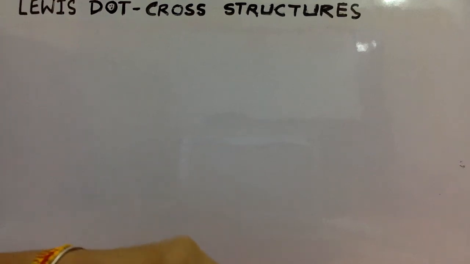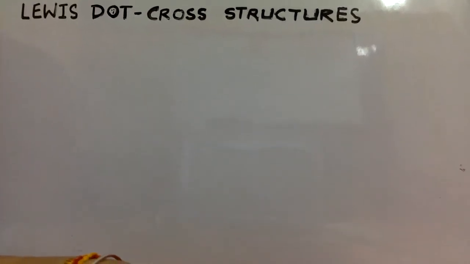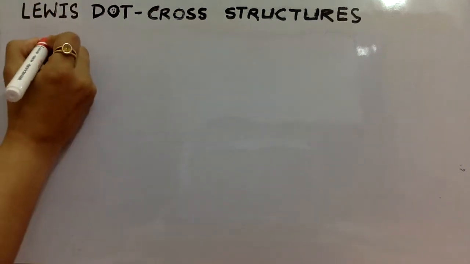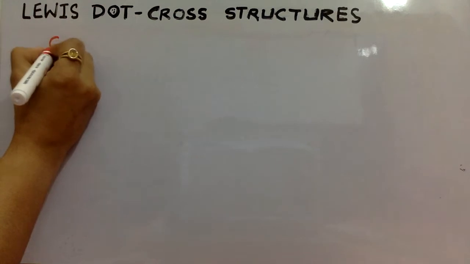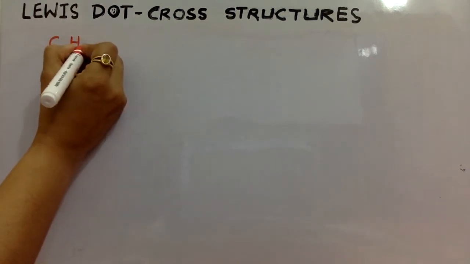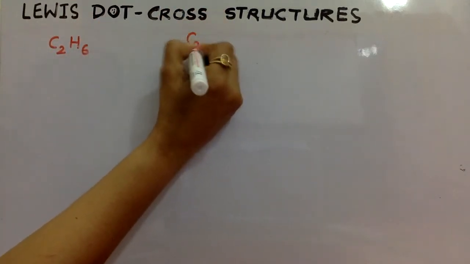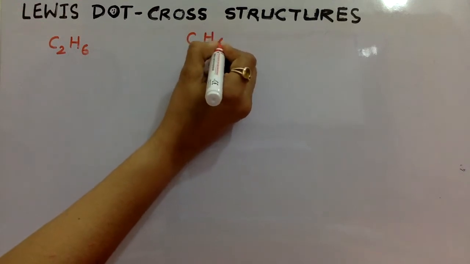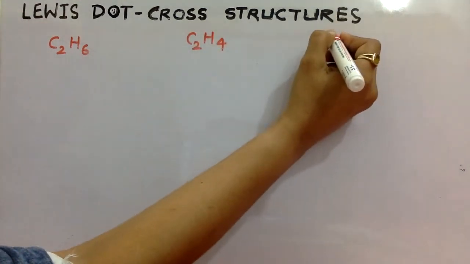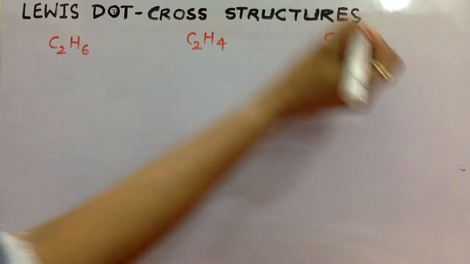Dear students, so we continue further with the Lewis dot cross structures. The examples which we are discussing today are organic molecules: C2H6, C2H4 and C2H2.